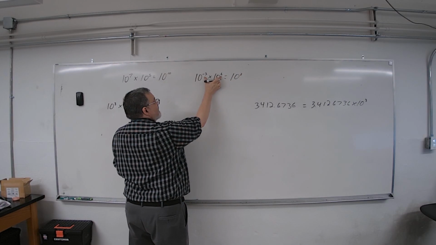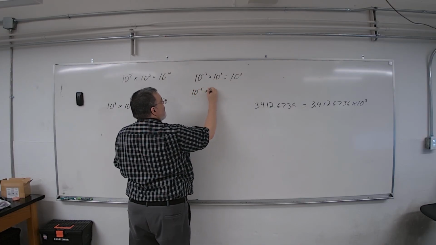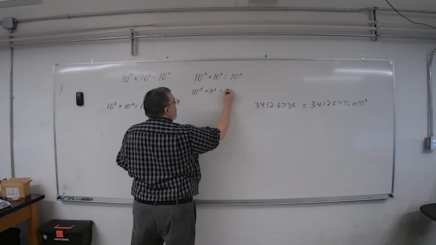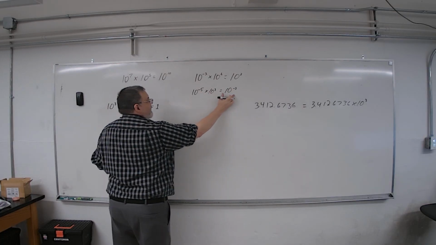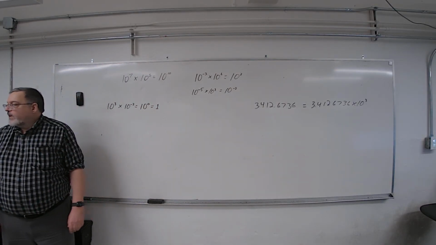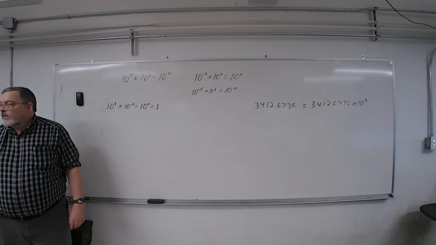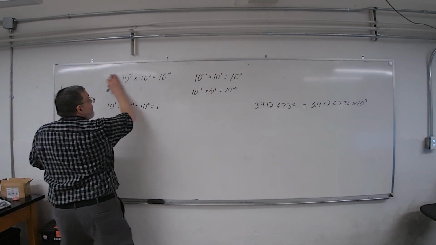Because you're just doing arithmetic here. 6 minus 3 is 3. Negative 5 plus 3 gives you negative 2. That's how you do quickly multiplication with powers of 10. You with me? You guys know that much? Okay, so let me finish what I'm doing here.